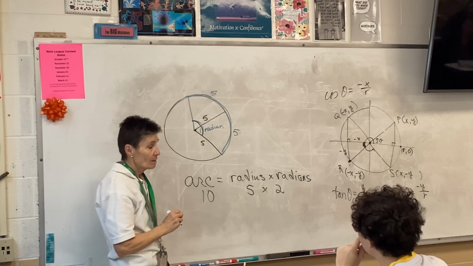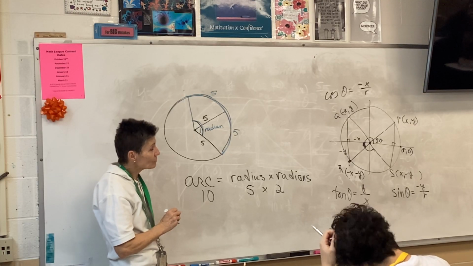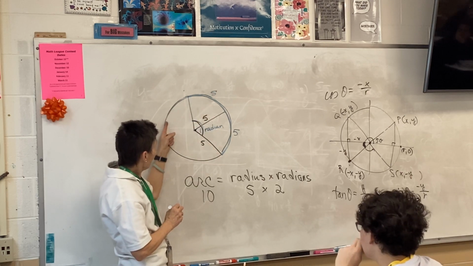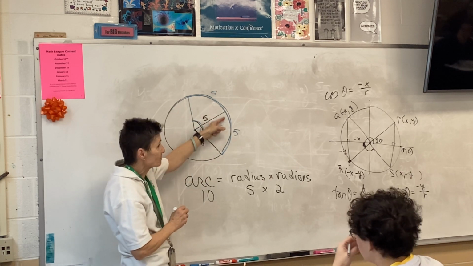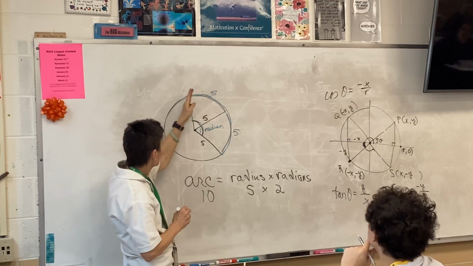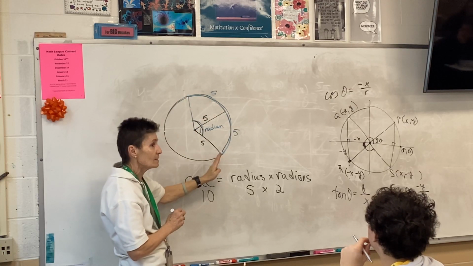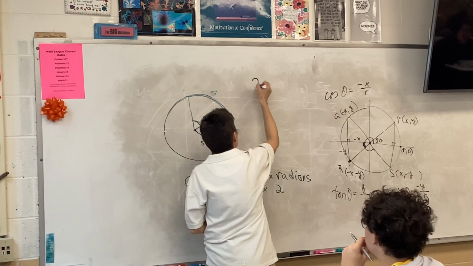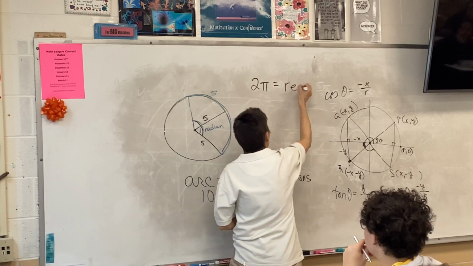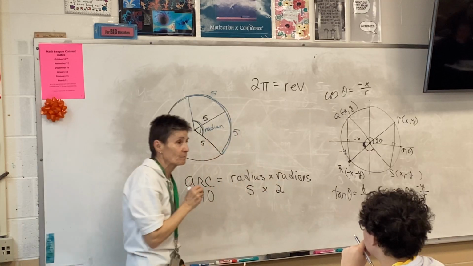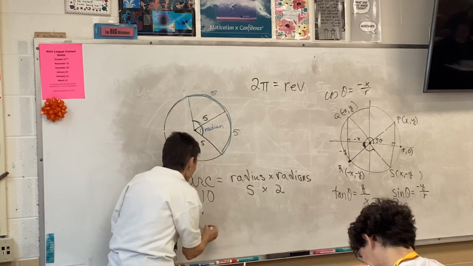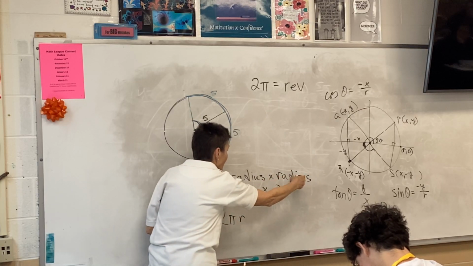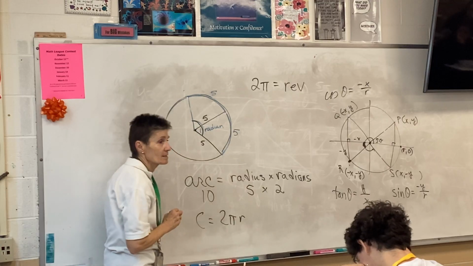Well, it turns out that all the way around, if you just keep tacking on radii, the measure of that angle will be 2 pi radians. So 2 pi is a revolution. Your circumference is 2 pi times your radius.